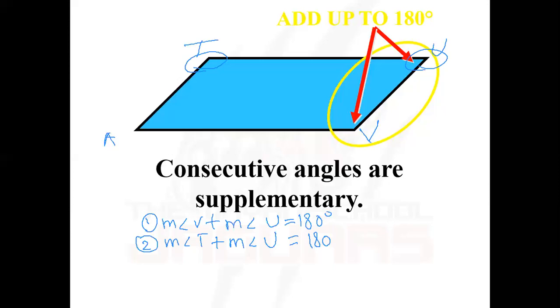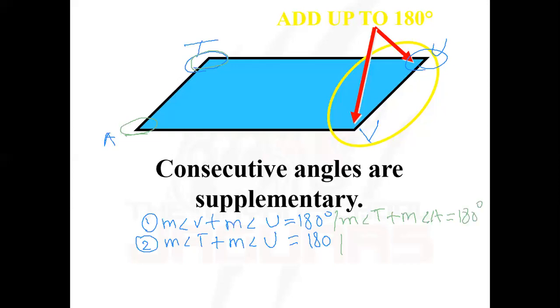I can notice in the figure that this angle T and this angle A are consecutive angles. Therefore, the measure of the angle T plus the measure of the angle A equals 180 degrees.